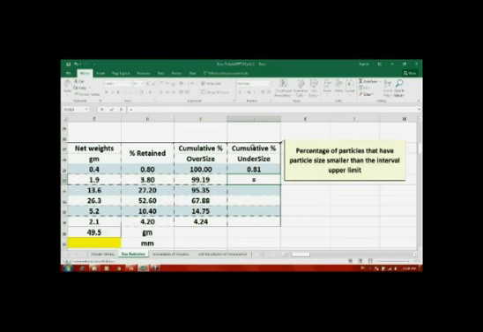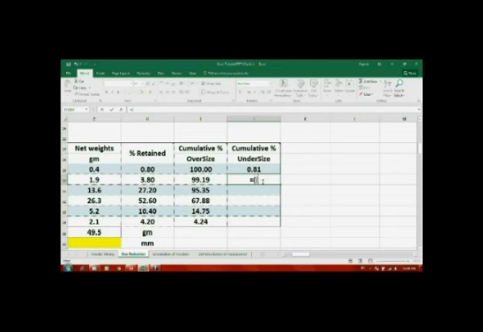But for the second interval, it will be equal to the net weight in this interval plus the net weight in the previous interval, because only particles that did pass the second interval upper limit are smaller, and those will include the particles in the same interval and the particles in the interval below it.